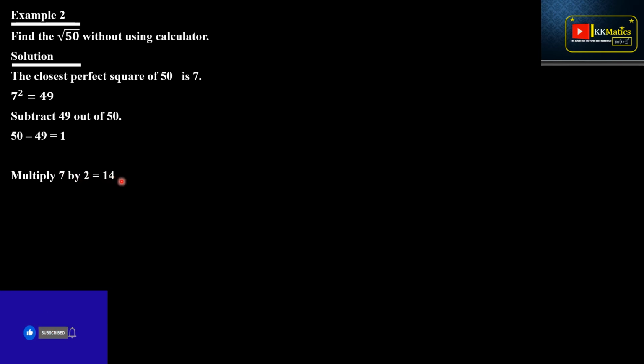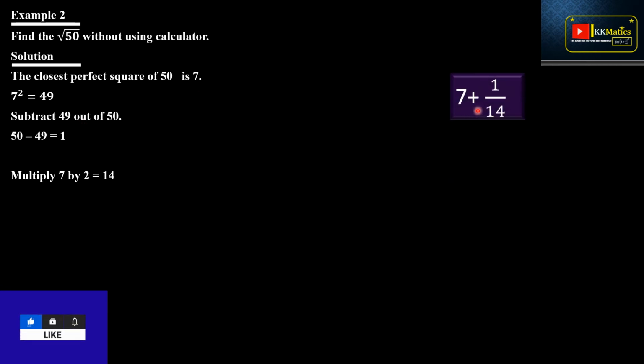The next thing for us to do is to add 7 to the fraction. The 1 becomes our numerator and the 14 becomes our denominator. When we join them, it becomes a fraction, 1 over 14. So we have 7 plus 1 over 14, illustrated on your screen.